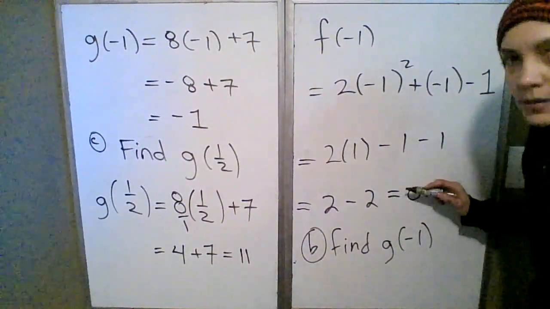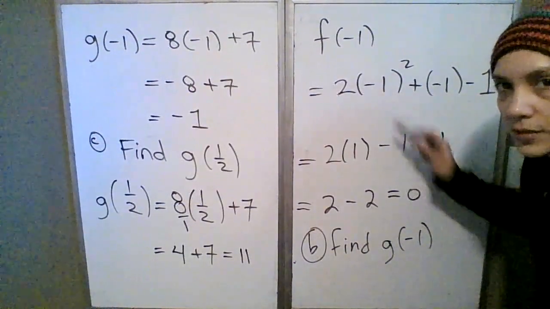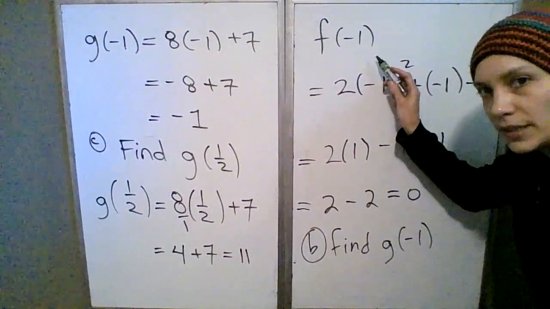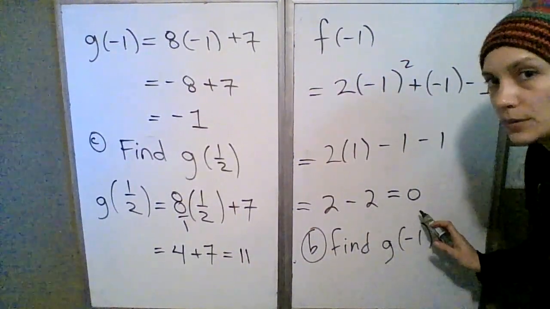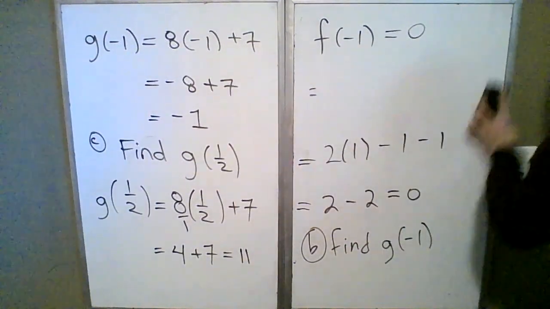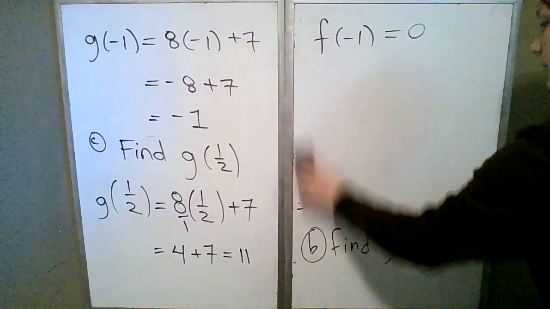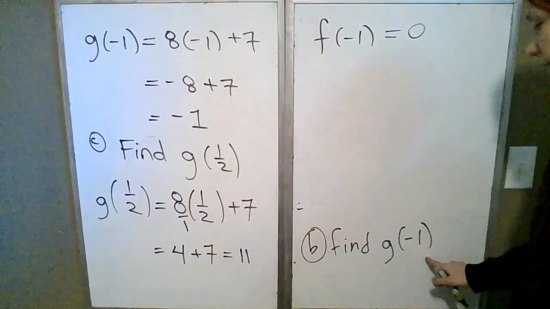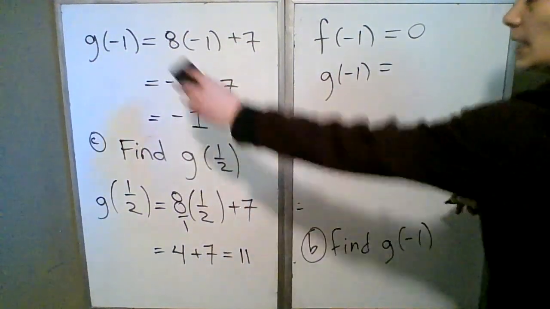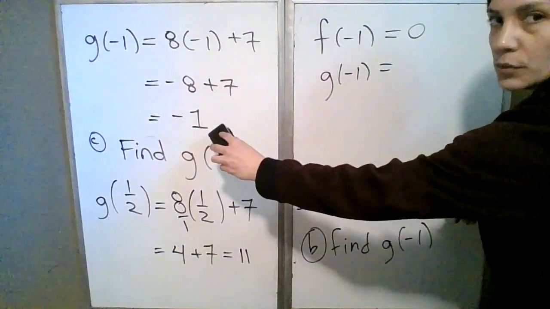Okay, so I'm going to draw some pictures. First of all, from this first part, we had f of -1 equal to 0. We got g of -1, and it was -1.